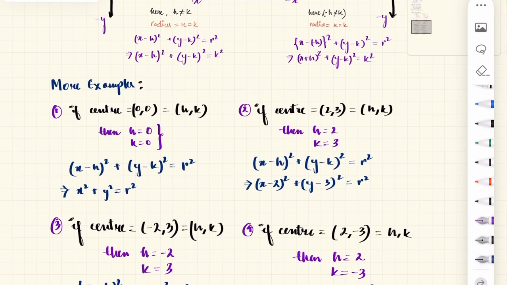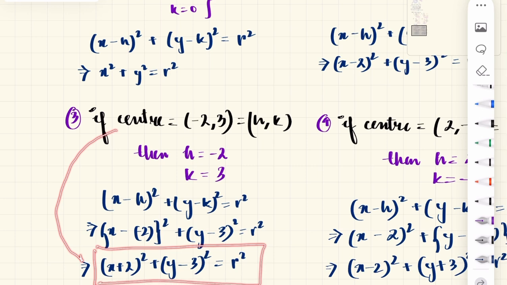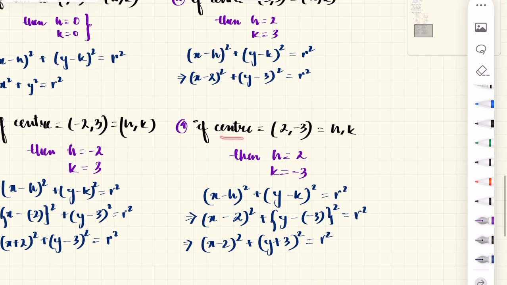And in the third example, when the center is in this form, the height becomes -2 and k becomes 3, and that's how it's formed. Here also the same: when the center is different, we form different equations.